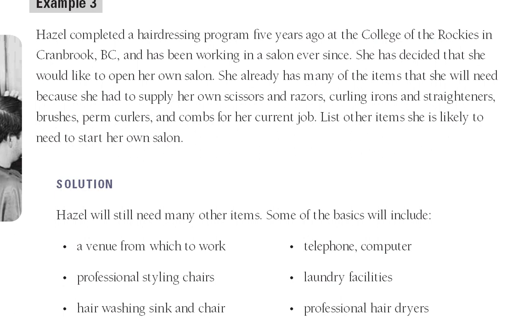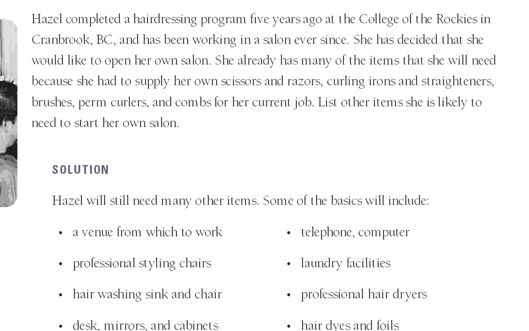I can see that. Now, she's been working in a salon ever since, but she's decided that she would like to open her own salon. She already has many of the items that she'll need because she had to supply her own scissors and razors and curling irons and straighteners and brushes and perm curlers and combs for her current job. So list other items she would be likely needing to start her own salon.